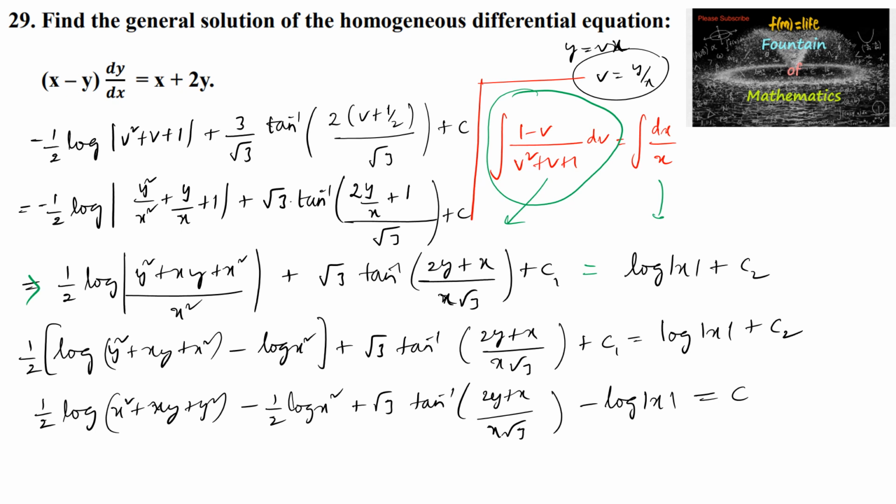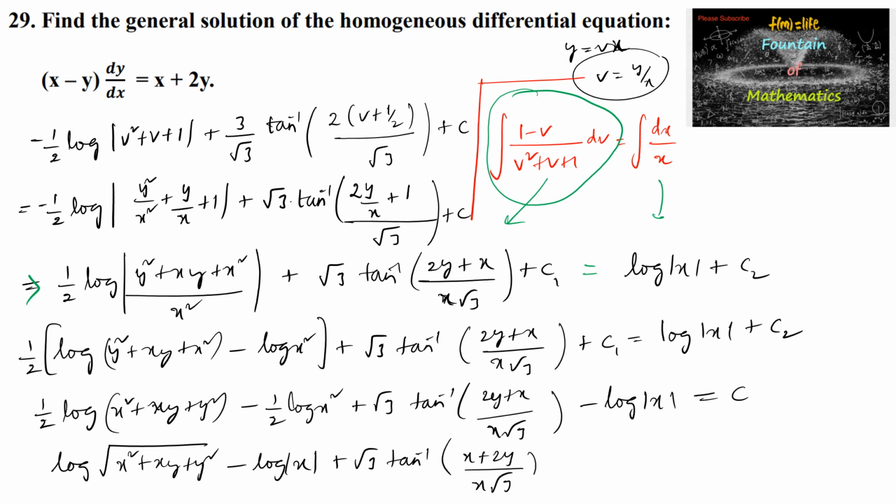Or 1 by 2 log x square is nothing but log x, and here we can write it as log under root of (x square plus xy plus y square), and this log under root of x square is log mod x, plus root 3 times tan inverse of (x plus 2y) upon x root 3, minus log mod x is equal to constant. Here we can cancel these two terms, and so finally the answer is log root of (x square plus xy plus y square) plus root 3 tan inverse of (x plus 2y) upon x root 3 plus c is equal to 0.